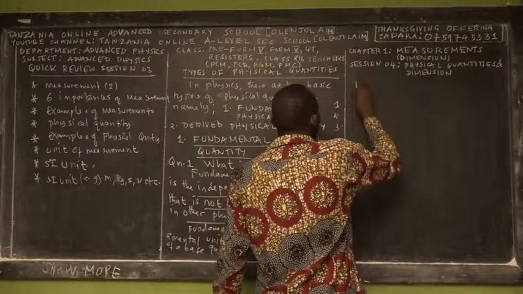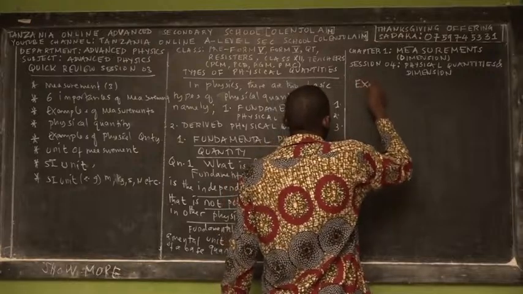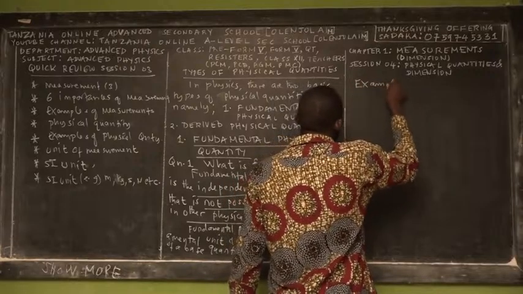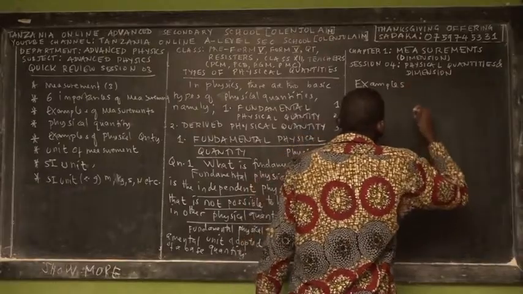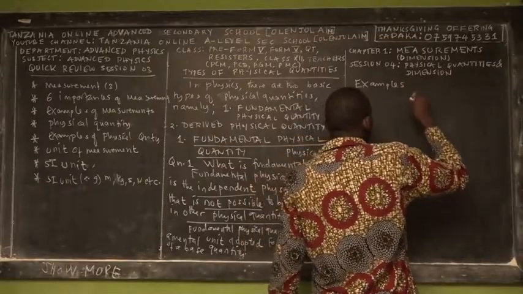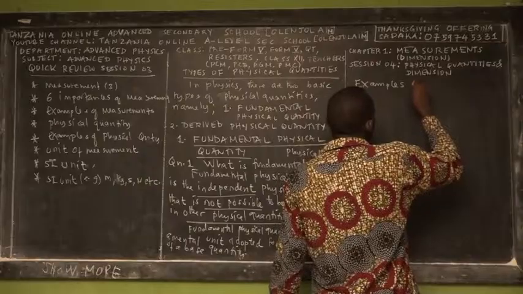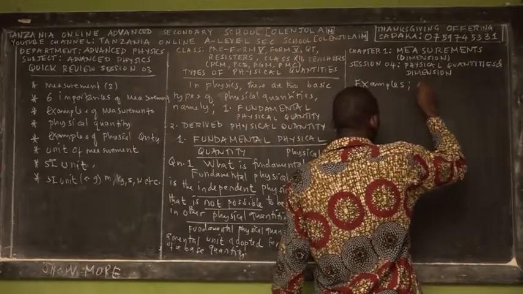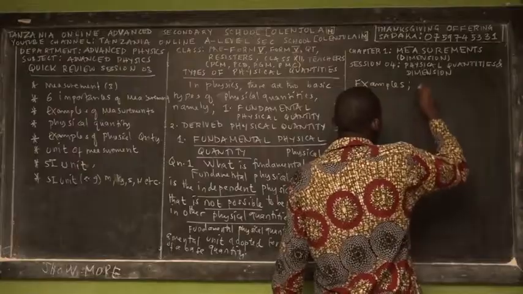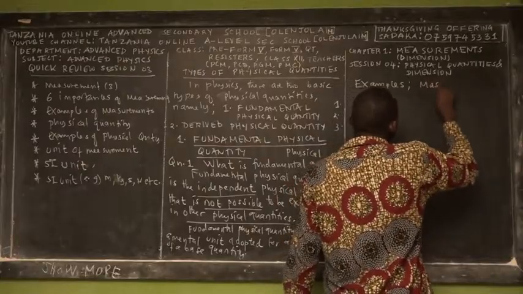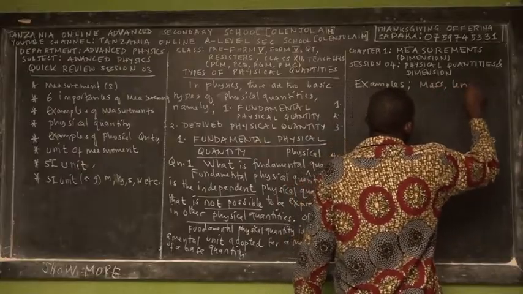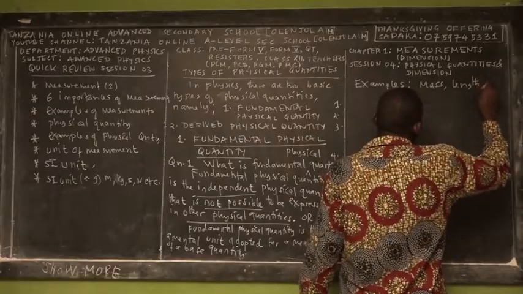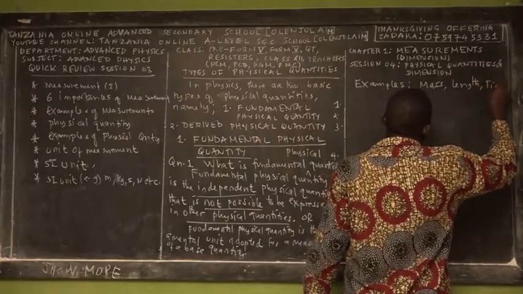Before I give you the 7 fundamental physical quantities in physics, let me mention some examples. Examples of fundamental physical quantities are mass, length, and time.